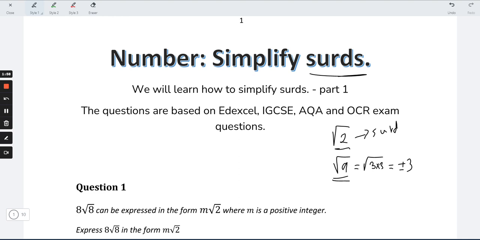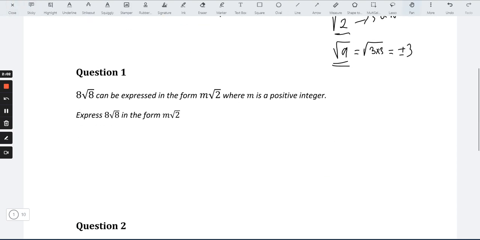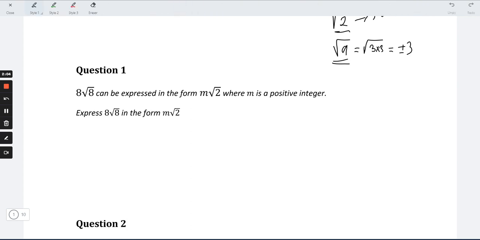Now we'll go with question number 1. Express 8 times square root 8 in the form m times square root 2, where m is a positive integer.